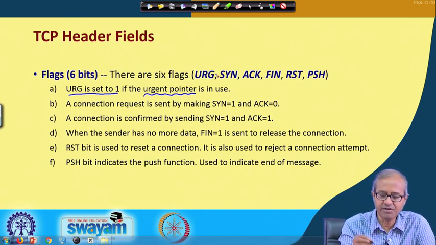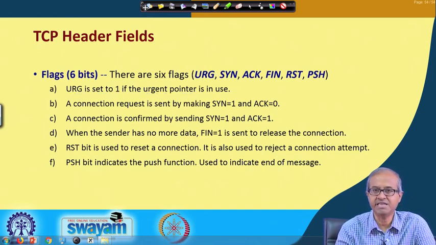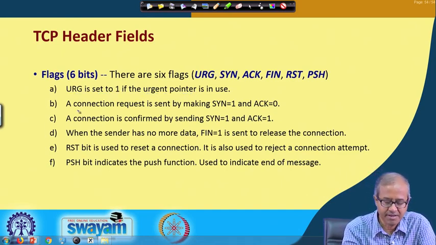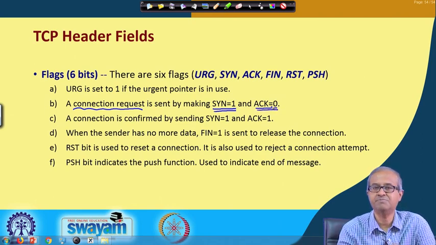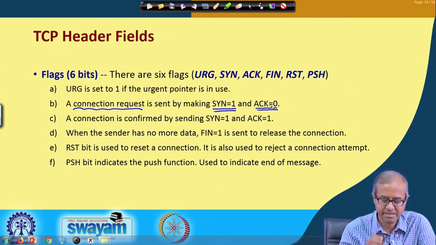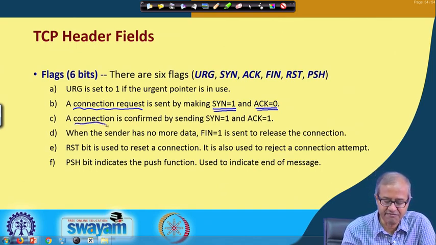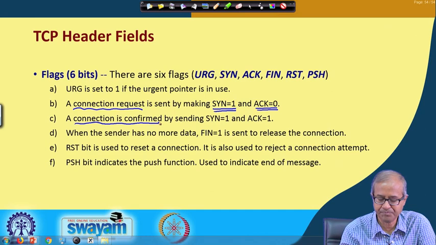In TCP, whenever you are doing a connection establishment, you are requesting for a connection, then you set this SYN flag to 1 and ACK flag to 0. This combination means connection request. Similarly, connection confirmation, I will show the details later.